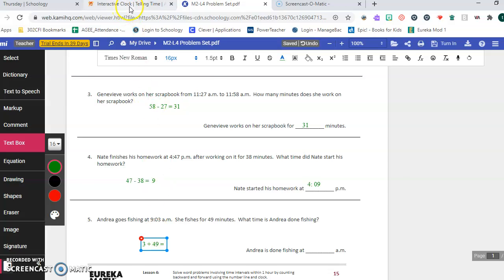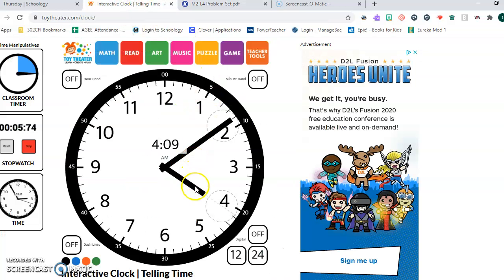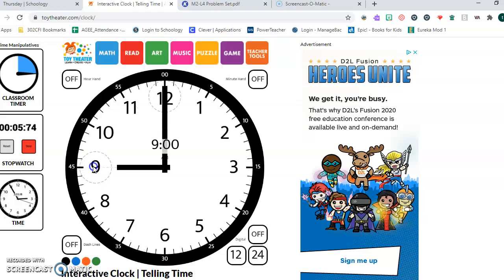So if I'm using this clock tool and I start at 9:03, I think of it in terms of going forward in time 50 minutes and then back 1, because 49 is only one number away from 50. I could count up by tens from 03.